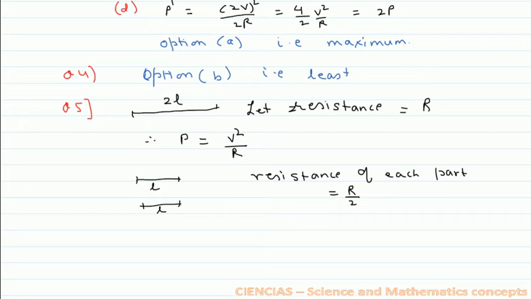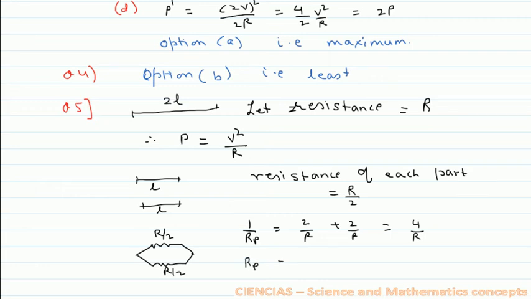Now they are connected in parallel. This is R by 2 and this is also R by 2. So 1 upon Rp is equal to 2 by R plus 2 by R, that is equal to 4 by R. So net resistance becomes R by 4.